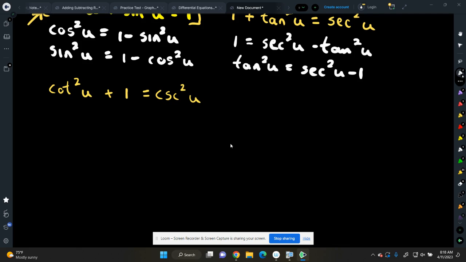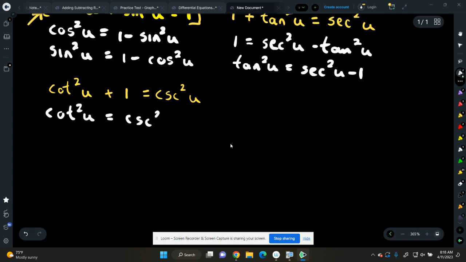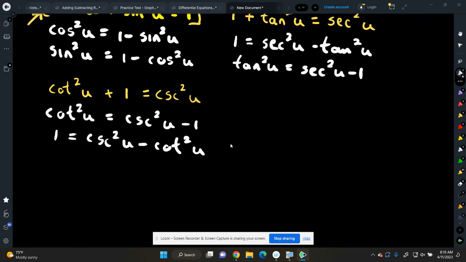Okay, so I'm going to subtract 1 from both sides. So cotangent squared equals cosecant squared minus 1. And we can have 1 equals cosecant squared minus cotangent squared. Okay?